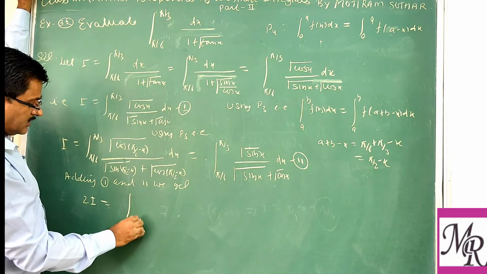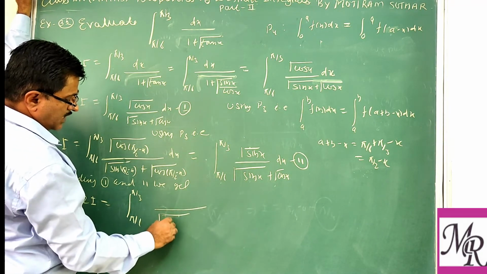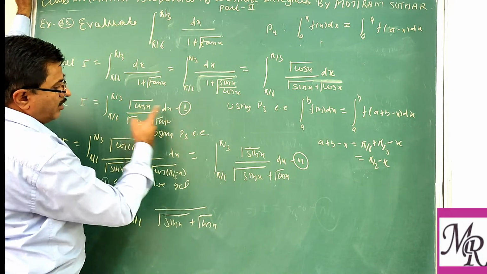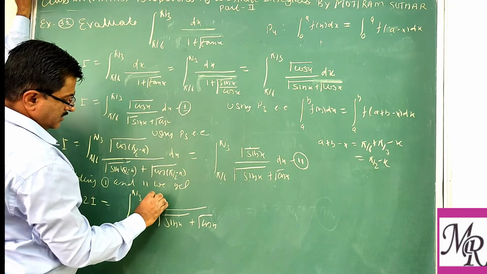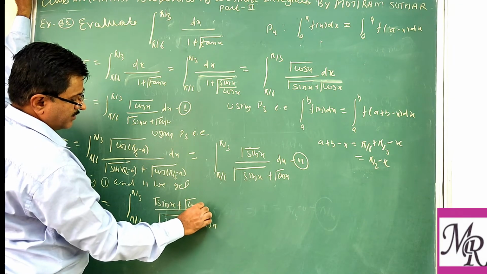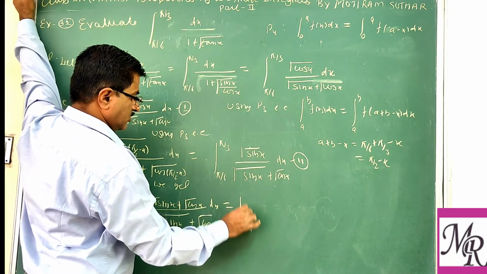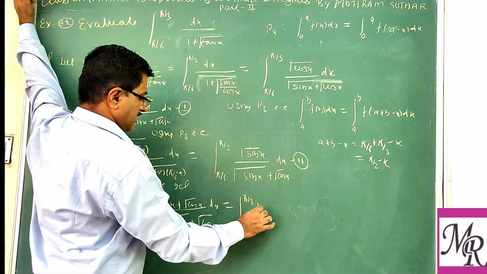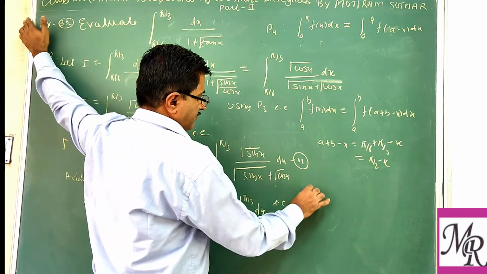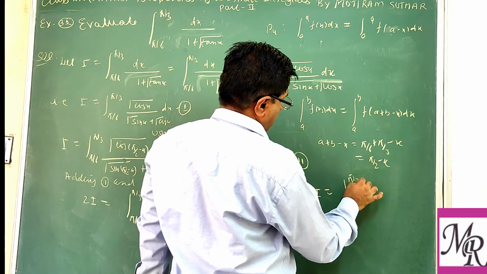So here pi by 6 to pi by 3, the denominator is root sin x plus root cos x, and the numerator is root sin x plus root cos x. Now this integrand is divided, numerator and denominator, so we get simply the integral from pi by 6 to pi by 3 of dx. So finally, 2I equals integral from pi by 6 to pi by 3.